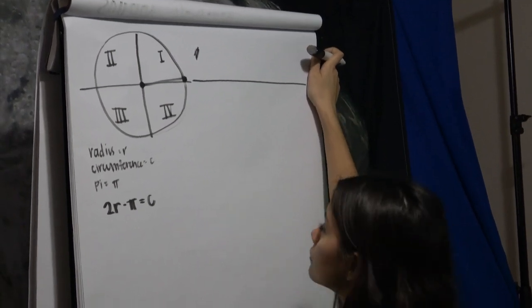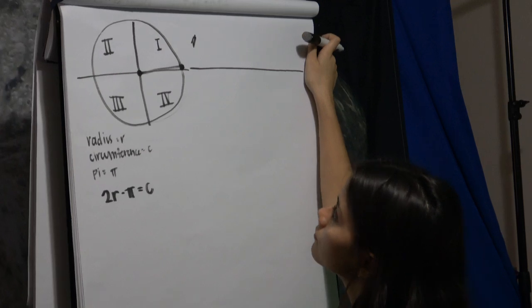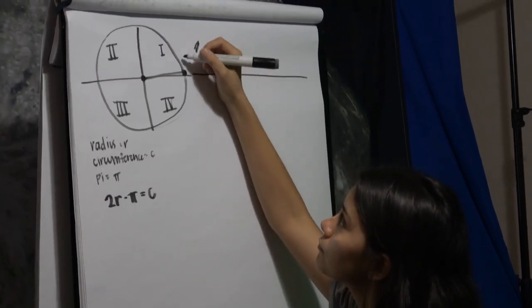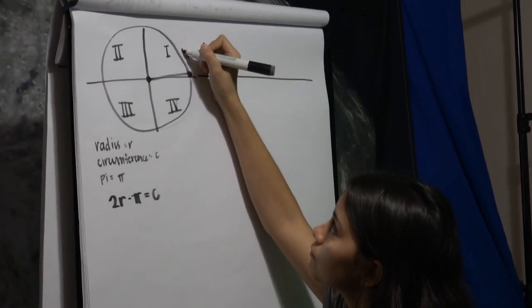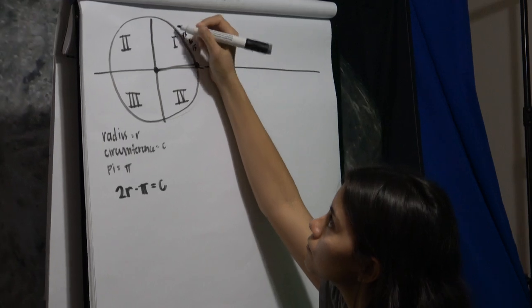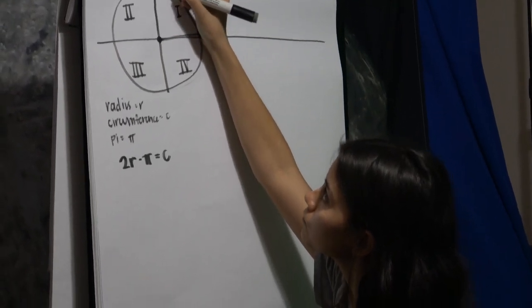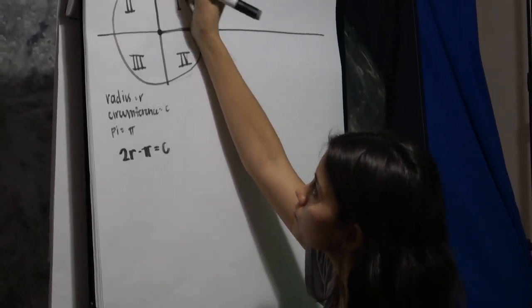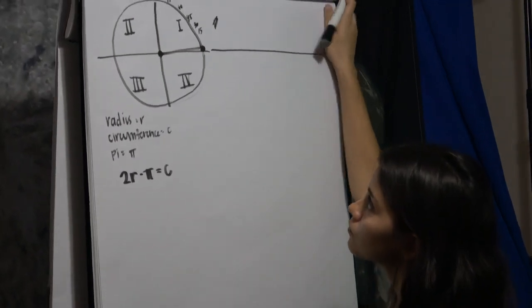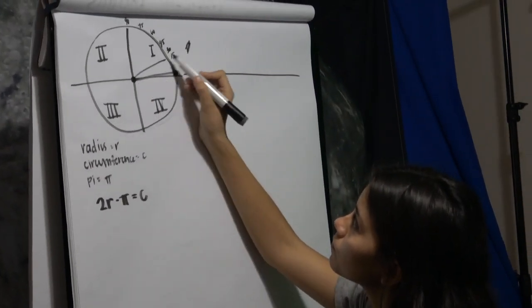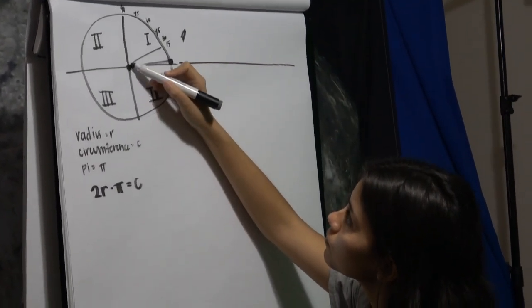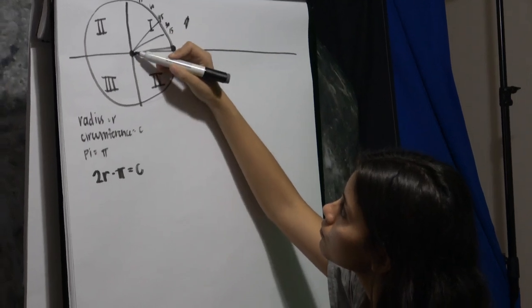Around that circle, put the degrees 15, 30, 45, 60, and 90. Now draw a line up to 15 and one up to all of them.